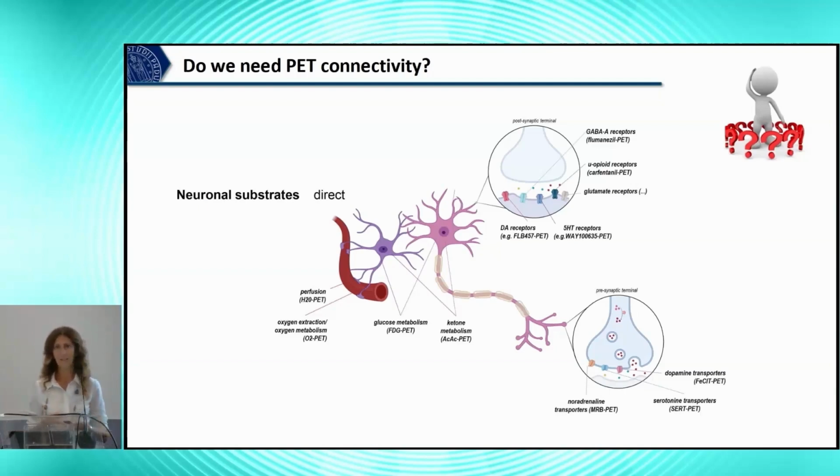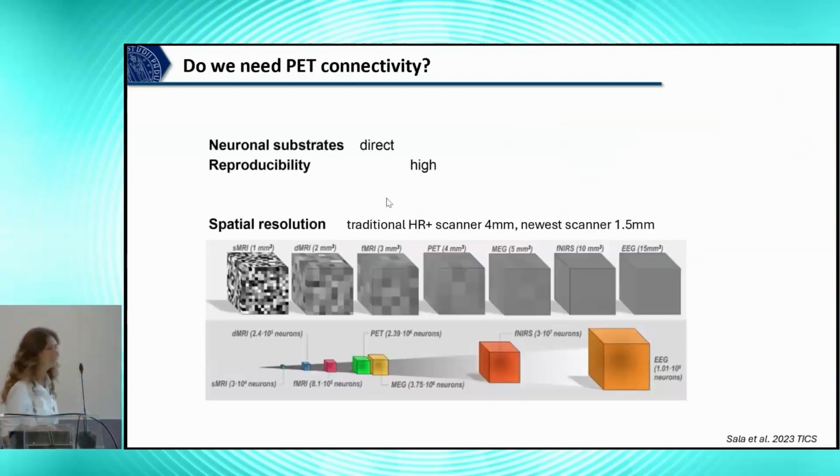Of course, we can investigate the neuroreceptor systems through a lot of different types of tracers. We have more than 200 different tracers, in fact, which are different substances that we can investigate, giving really detailed information. So I think we need to add this information inside the connectome.